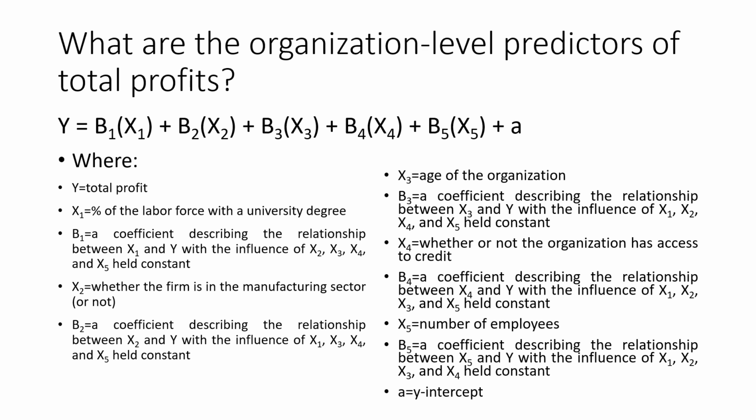And as I explained in the previous slide, each coefficient, say B1, looks at the pure effect of x1 on y whilst holding constant the remaining variables x2, x3, x4, and x5. So take a moment, press pause, and have a look through each one of these components to make sure you understand before you move on.